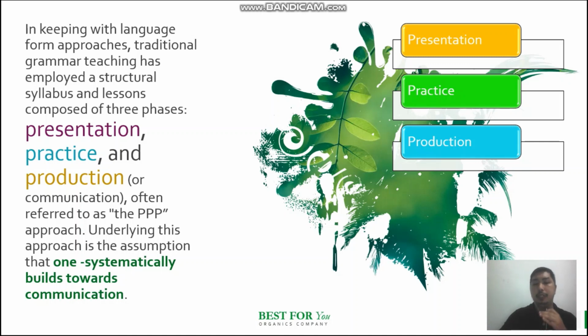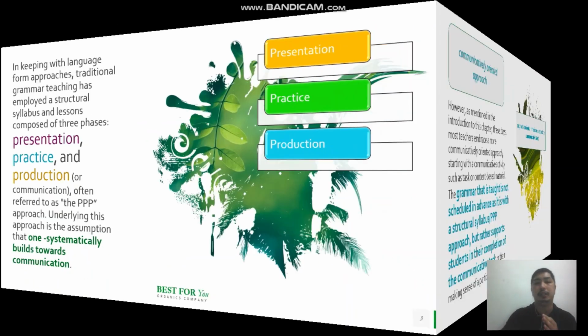Underlying this approach is the assumption that one systematically builds towards communication. So, the first thing that you should do as a teacher is to present, then ask the students to have a practice, then allow them to come up with their own statements and dialogues.